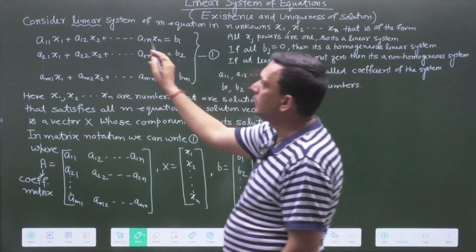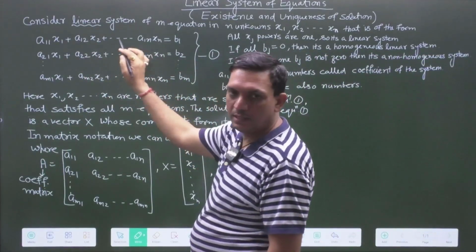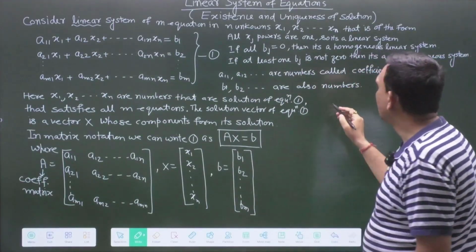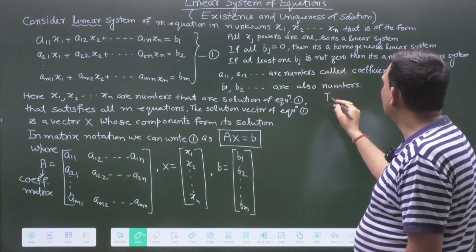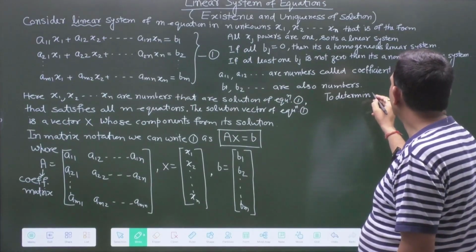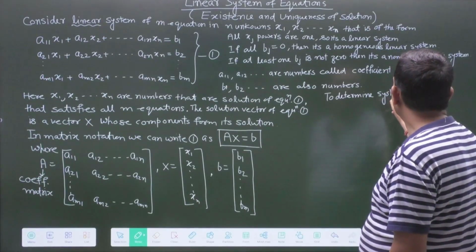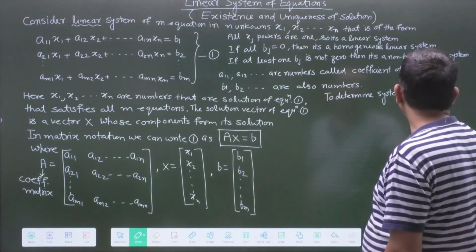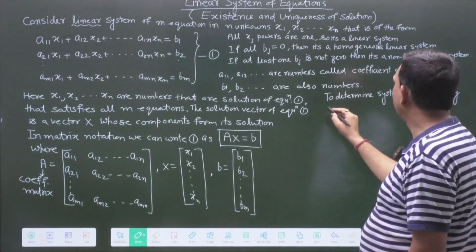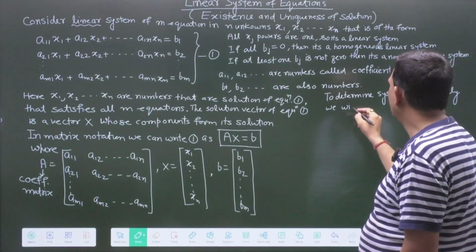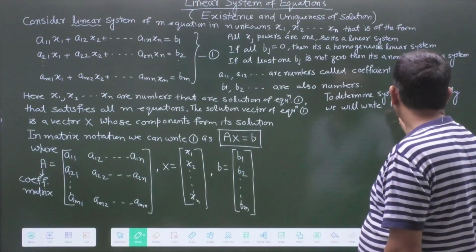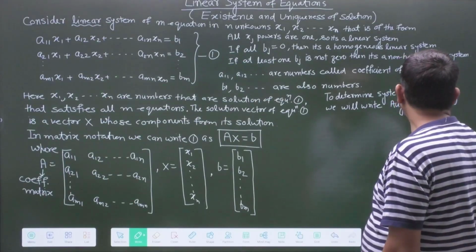Now we want to determine system 1 completely, which means we have to check the existence and uniqueness of the solution. To determine system 1 completely, we will write the augmented matrix.